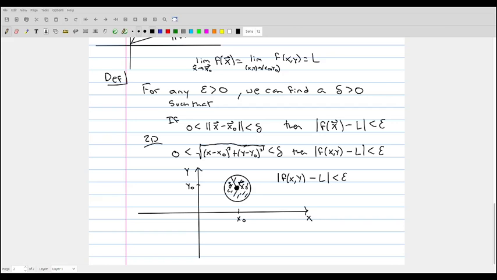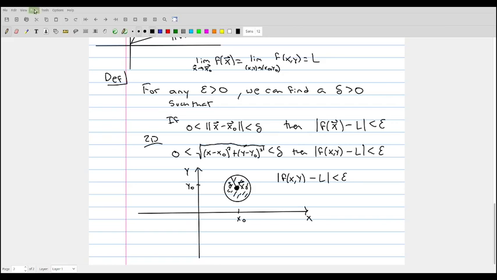So it's saying that the function is getting closer and closer to the value of the limit in this region. And this idea extends again to 3D functions or a function of any number of variables. But the idea is that this is what it means to have a limit. And exactly mathematically, we make a definition for the limit of a function.